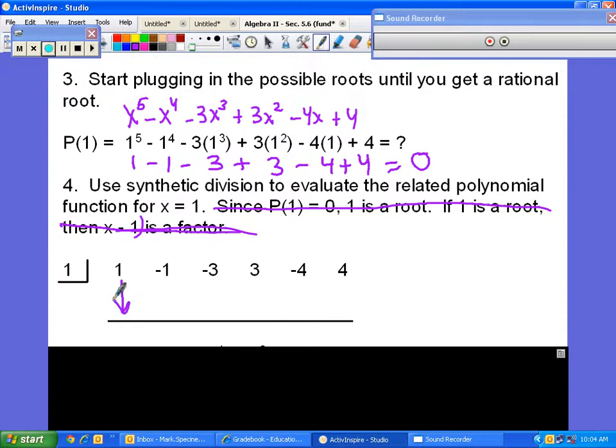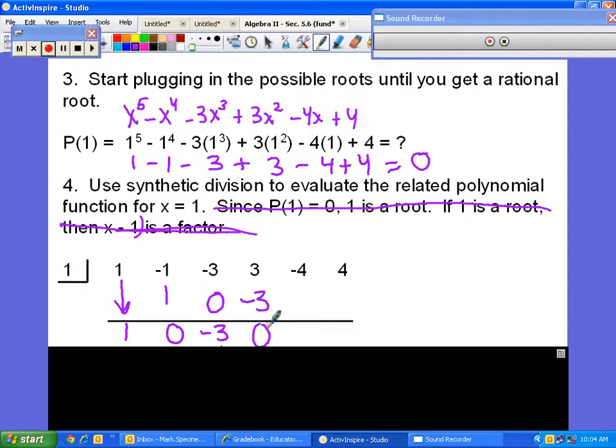So we bring down the 1, and we do 1 times 1, which is 1. Now we get -1 plus 1, 0. 0 times 1, -3 plus 0, times 1, plus 3, 0.